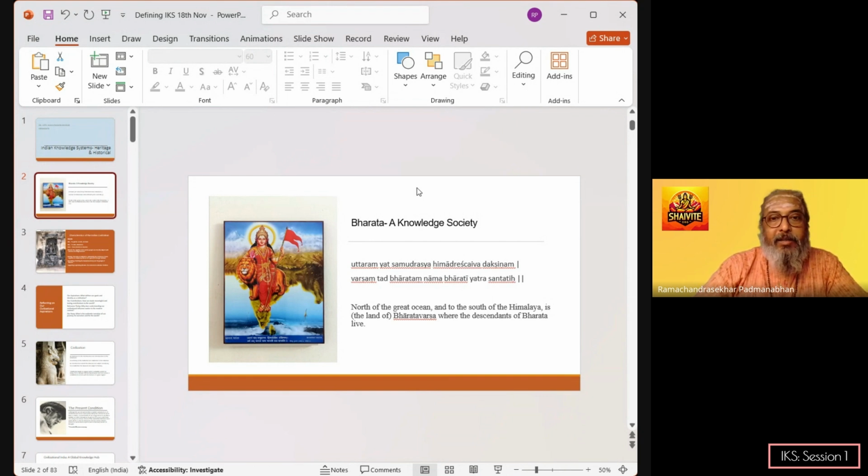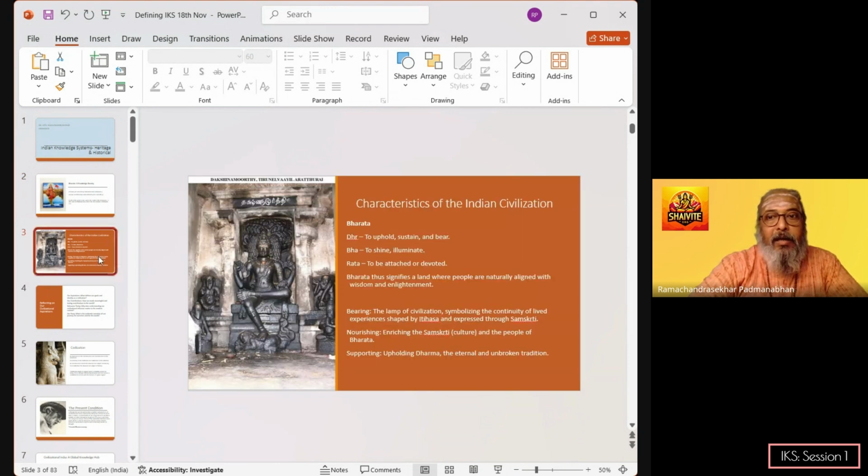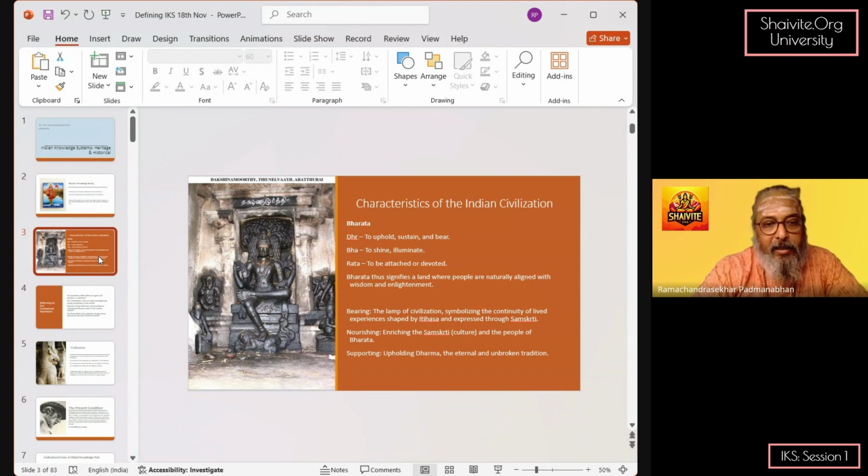Is it merely this much, or is there anything more to read into this particular nomenclature, Bharata? This is the key to understanding the characteristics of the Indian civilization. The term Bharata consists of two components.